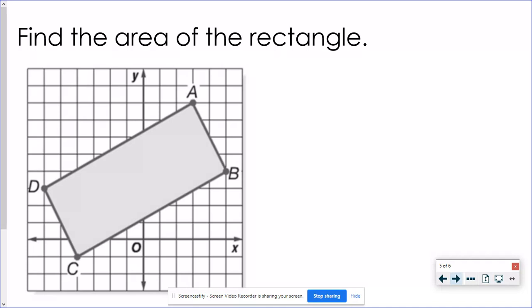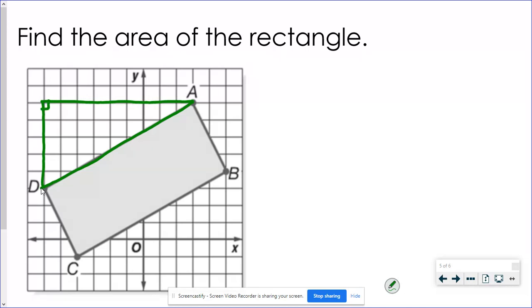So what I need to do is consider the right triangles that would have, for instance, AD as the hypotenuse. If I could draw a right triangle in here and make sure that I get a right angle here.